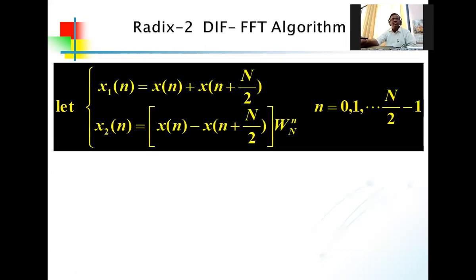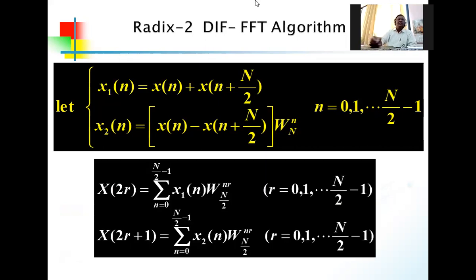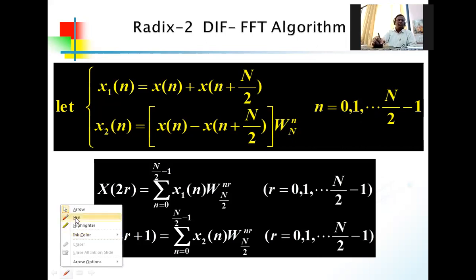Then further we will simplify this as we are expanding this equation, like x1 of n equals to, we are writing it as x of n plus n by 2, and then x2 of n equals to, we are writing it as x of n minus x of n plus n by 2 wn to the power n, where the values we are writing here, we are substituting this above equation into the previous equation.